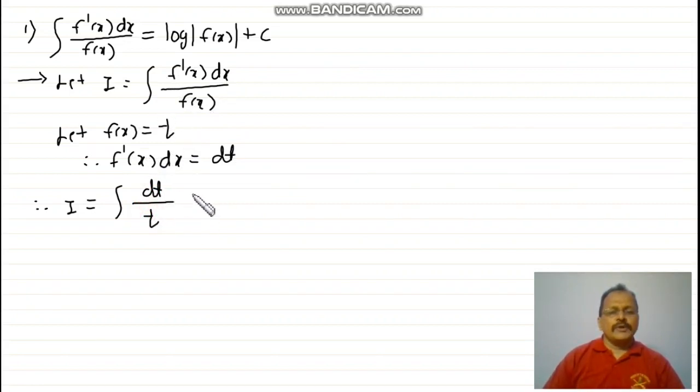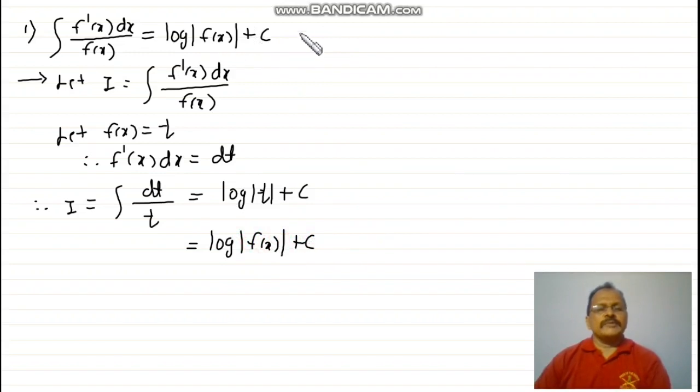Now dt upon t, the integration formula is log of mod t plus c, but t is equal to fx, therefore this is equal to log of mod fx plus c.